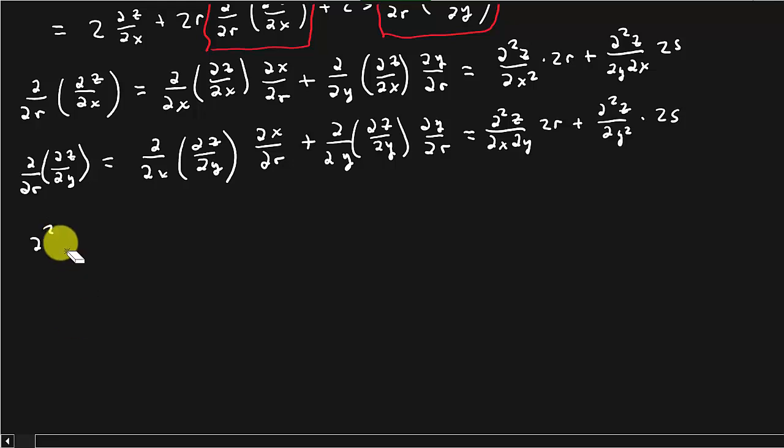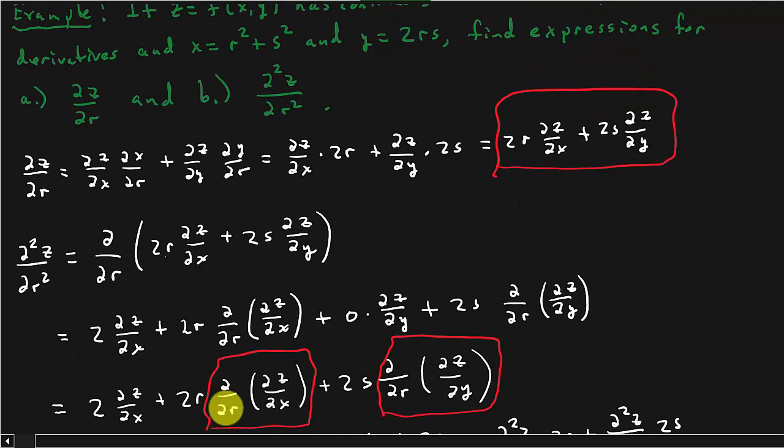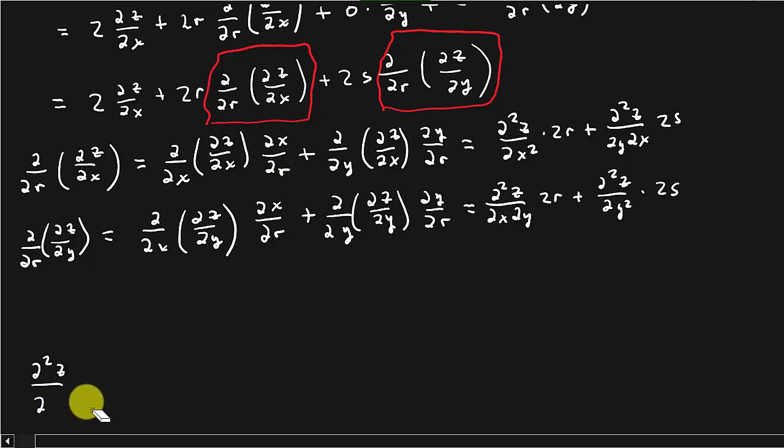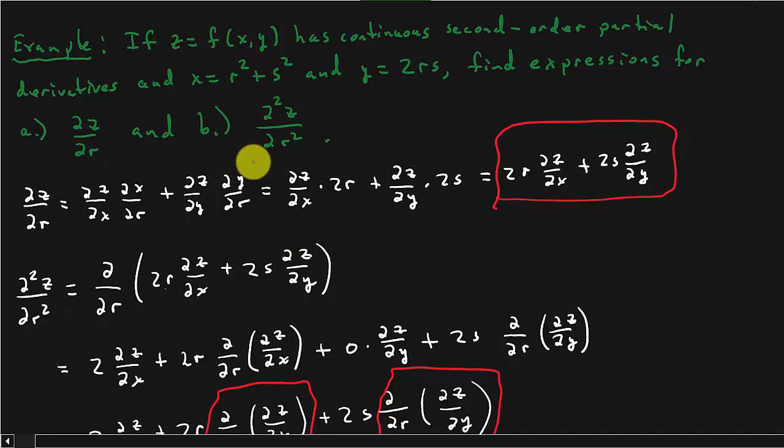Well, let me do this. We've got the second partial of z with respect to x. Isn't that what they want? No, with respect to r. See, this is what they're wanting us to find. So that's what we're finding right there.